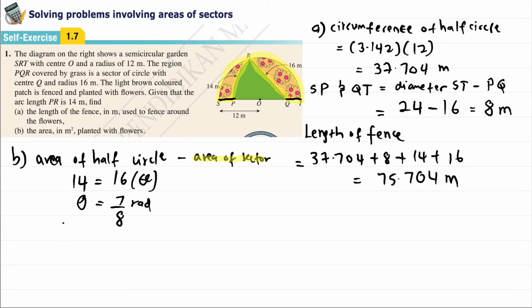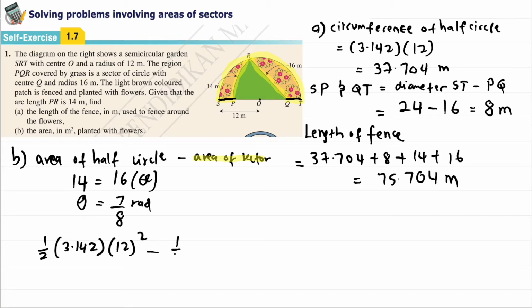So, now we can find the area of half circle first. Area of circle is pi r square. So, area of half circle is 1/2 pi. Pi kita adalah 22/7, yang pakai 22. We use 3.142. And then R is 12 bukan 16. 12 is the radius of circle. Yang 16 tu sector. So 12 square. Settle this one. Minus area of sector.